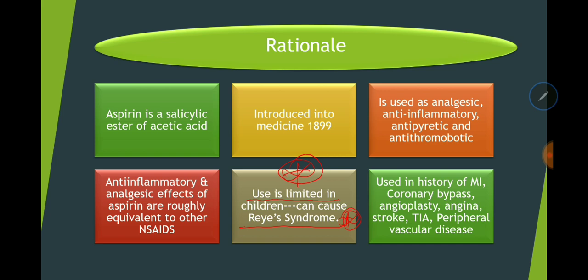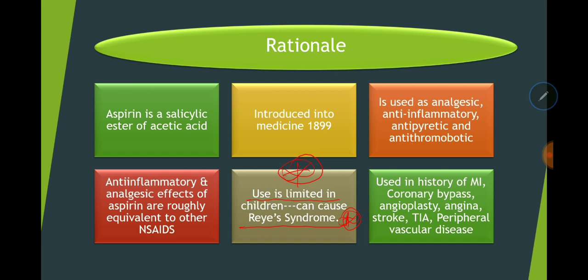It's also used in angioplasty and angina. It's used in people with stroke. Now you have to make sure that if the patient told you they had a stroke and they're on blood thinners, it means it was an ischemic stroke, because you have to make sure the patient doesn't have a hemorrhagic stroke.